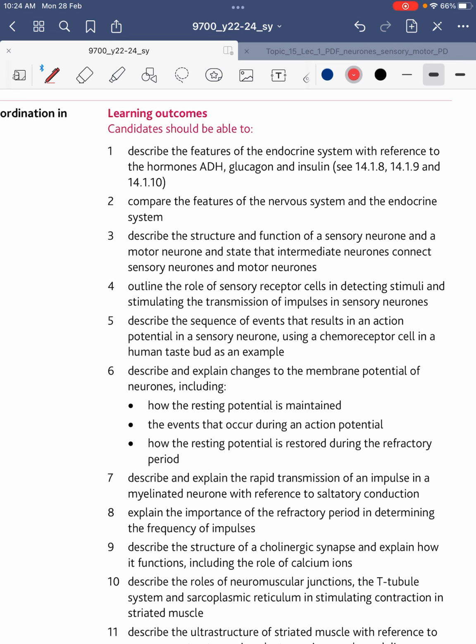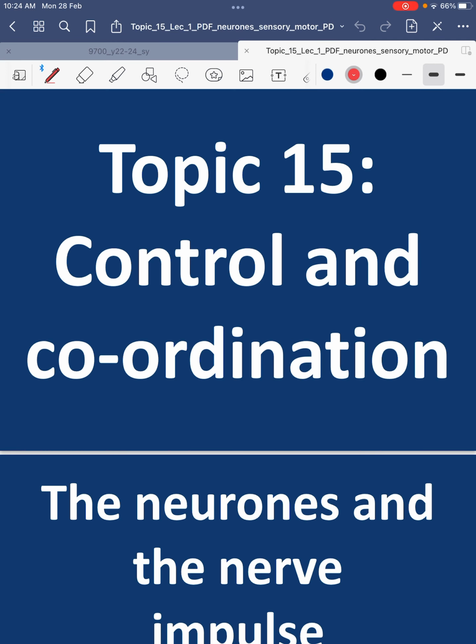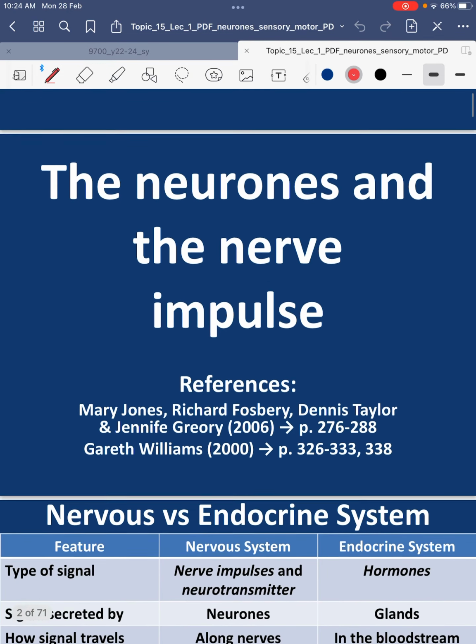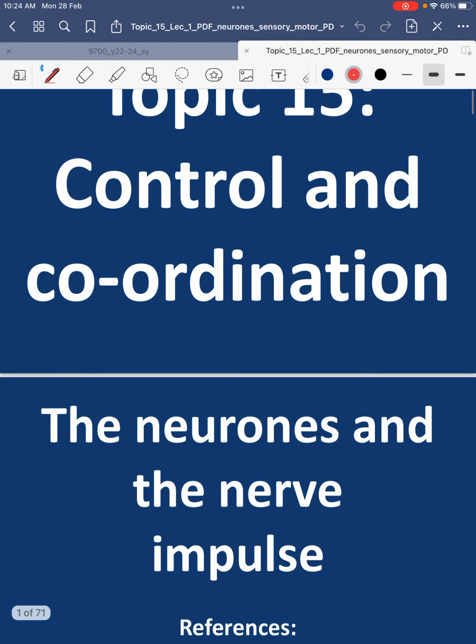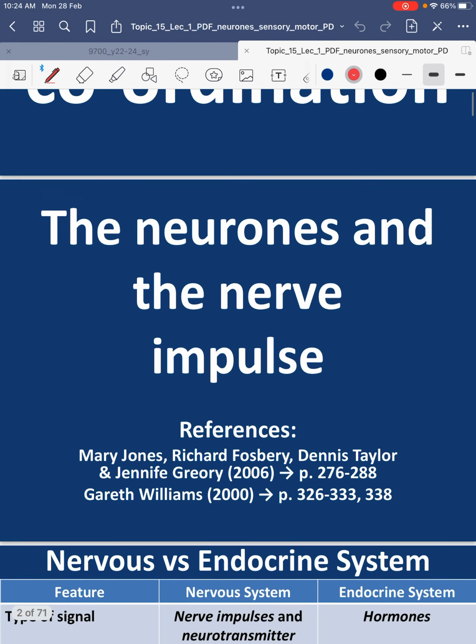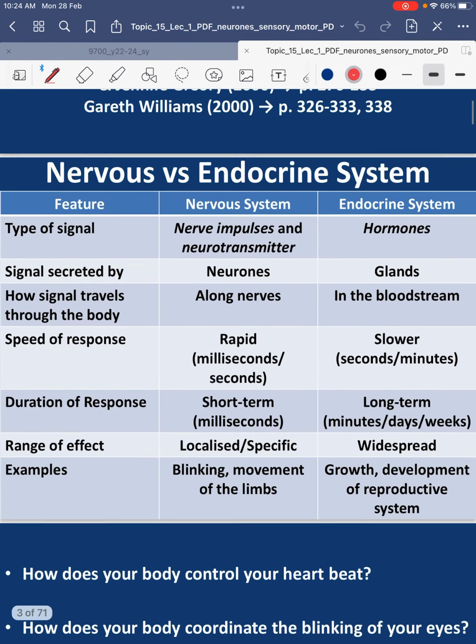There are different types of hormone as well. Some are not lipid soluble, some are lipid soluble, and that is no longer mentioned in the syllabus. So topic number 15, we're going to look at control and coordination of the neurons and the nerve impulse.